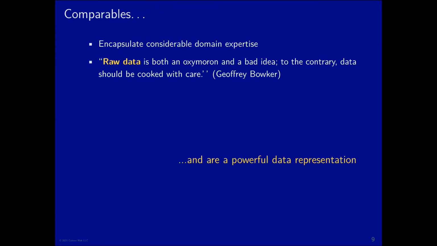Now, if you're paying attention, I started this off by saying, how do you know the value of the estimate of a new home? Well, you go and you look at some comparables. Now, you should have called me on that, because the fact that we have somehow abstracted out of all the information about a house, that its location, its square feet, number of bedrooms, number of bathrooms are the 3 or 4 key variables, encapsulates an enormous amount of domain expertise.